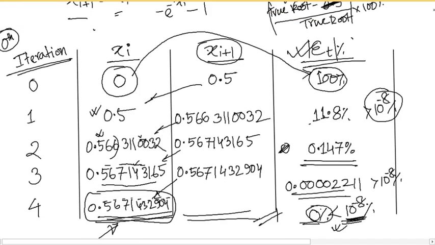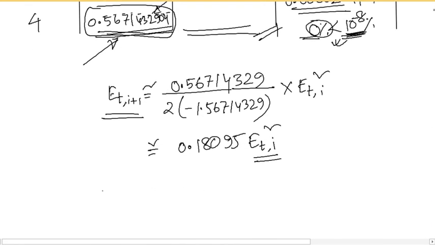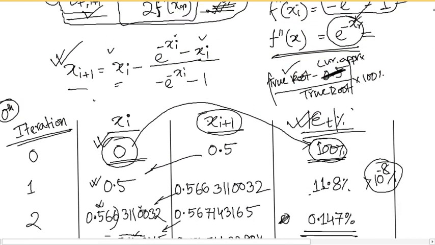For example, if we start from the very starting point, where we have assumed the value as 0, the true error was 100% relative error.